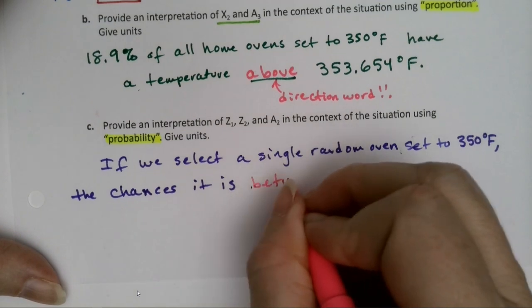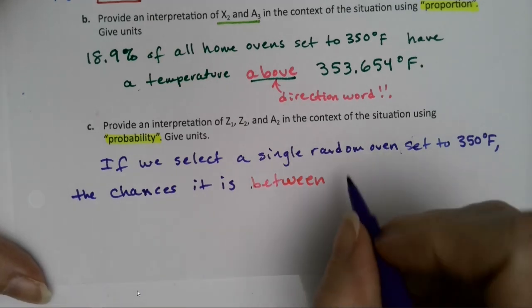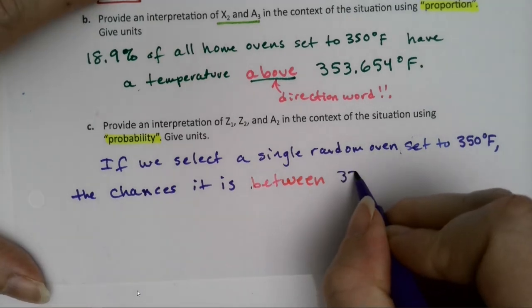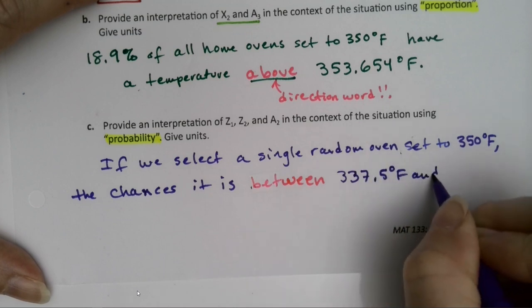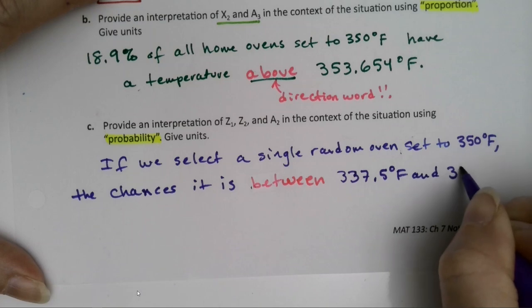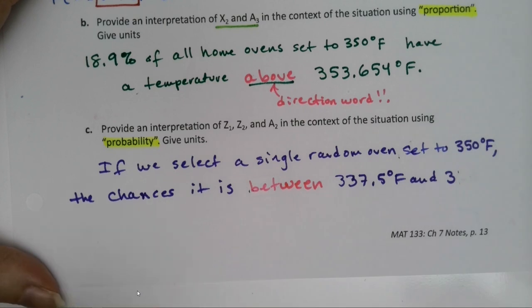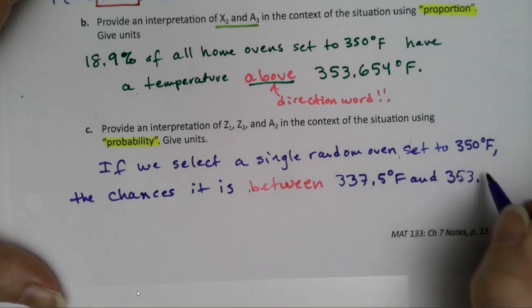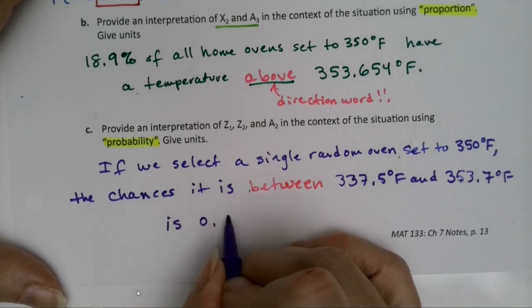Because we're talking about the middle zone. 350 or 337.5 degrees Fahrenheit and 353 point, I'm going to round that, 353.7. 353.7 degrees Fahrenheit is 0.764.